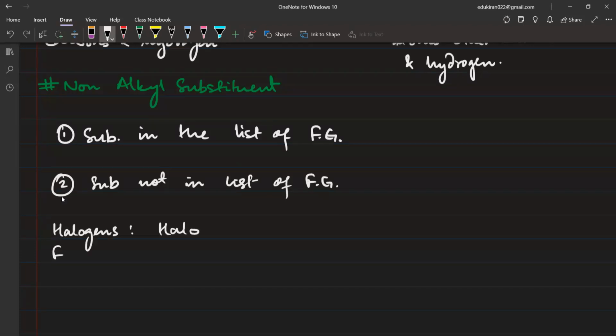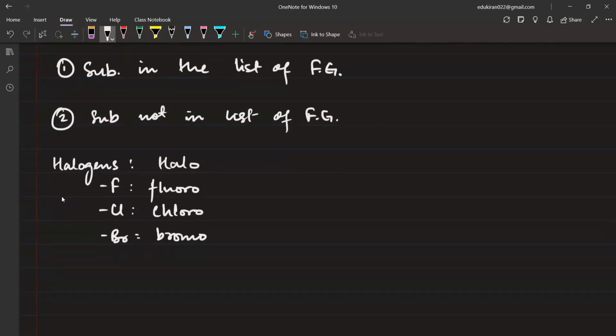For halogen, you have fluorine, which I will write as F. If you have F attached, then you will write fluoro. If you have Cl attached, you will write chloro. If you have Br attached, you will write bromo. And if you have iodine attached, you'll write iodo. So this is all about halogens.